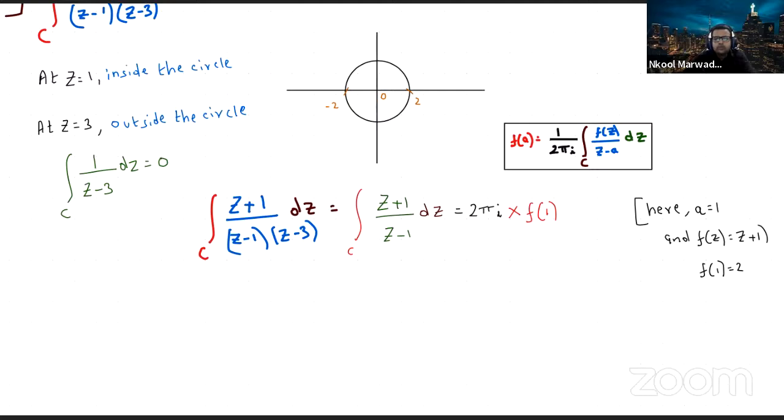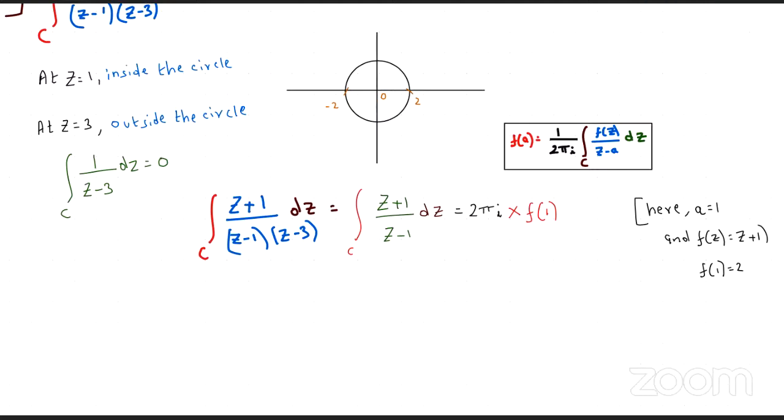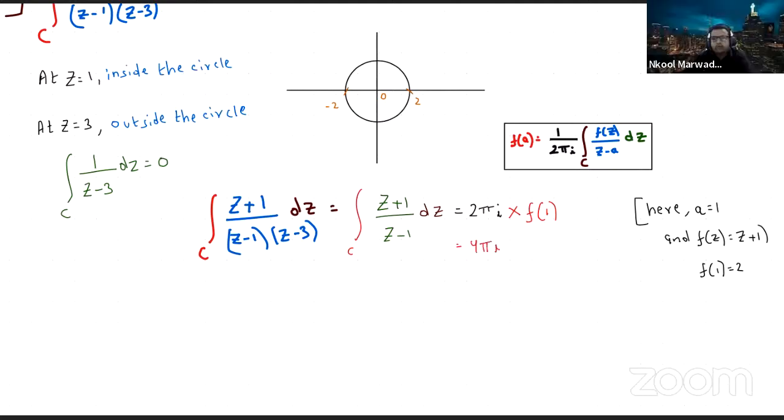The final answer will be 4 pi i, because f of 1 is 2, so 2 times 2 pi i gives 4 pi i. This is how it is.